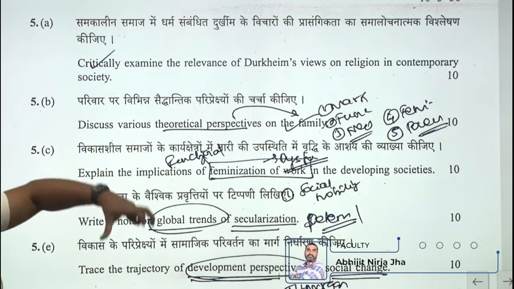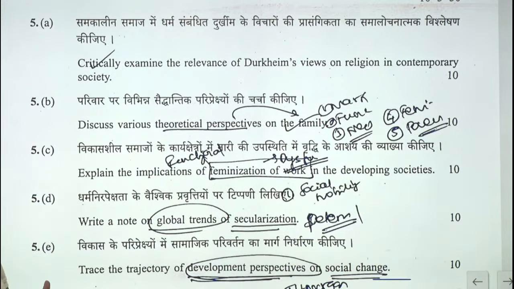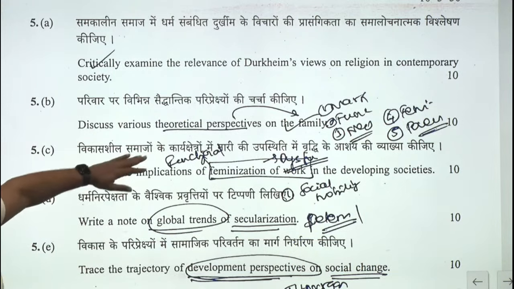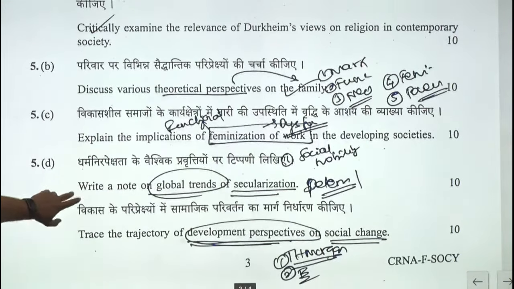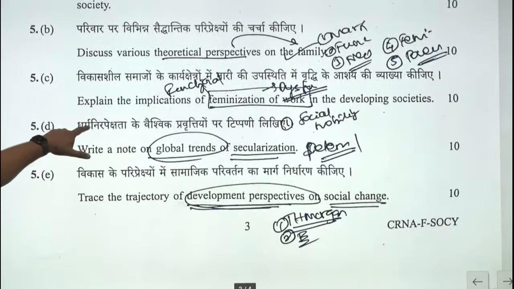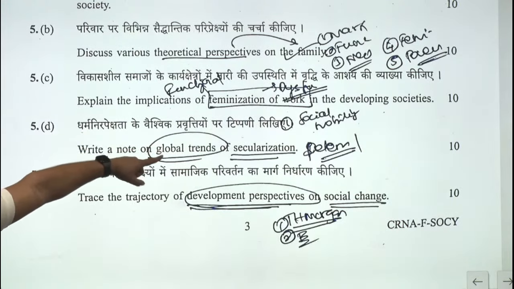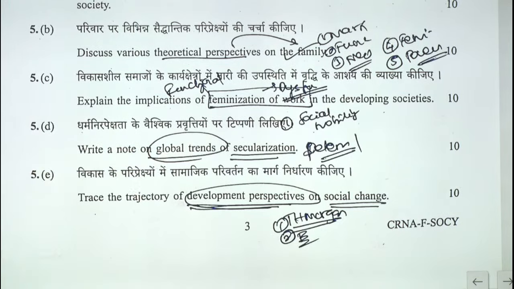And what is the role of inter and intra-religion relations? It is a 10-marker that you have to analyze from various perspectives, straightforward. It can be written easily. Explain now, here comes the implication of feminization of work in developing societies.